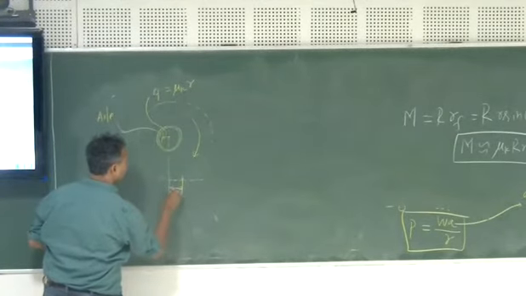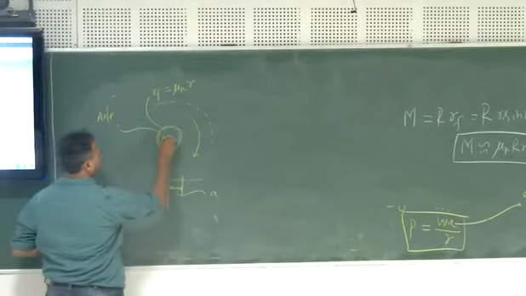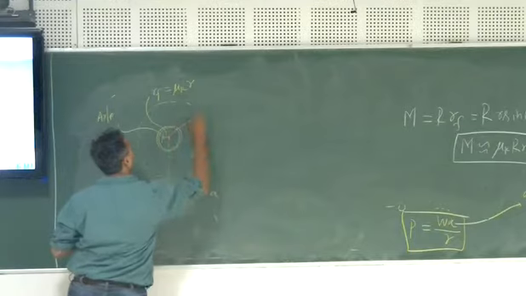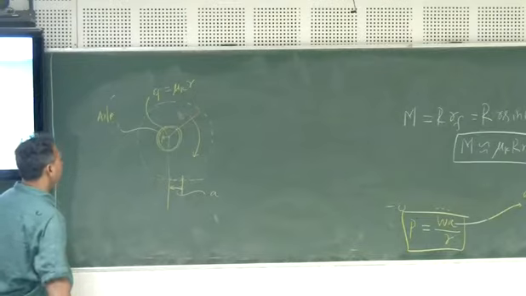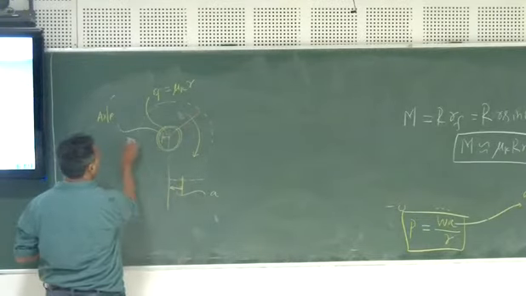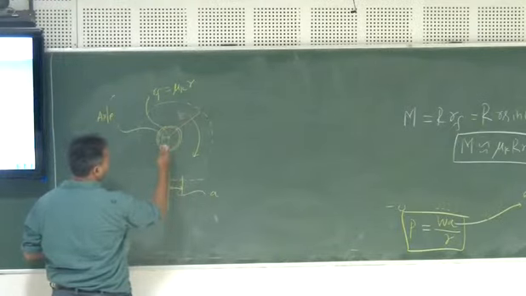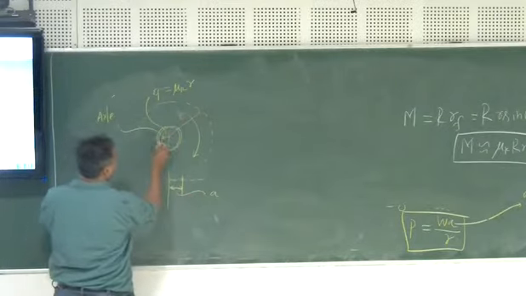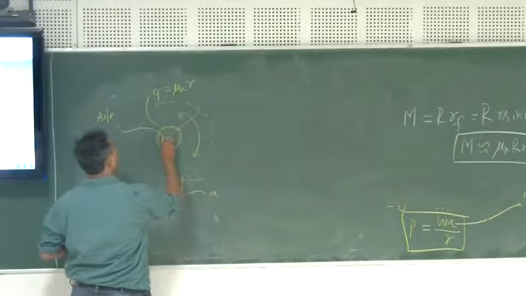Let us call this A. If the radius of your tire is B, then the radius of the tire is given as B. So in that case, you will have to find the force required to transmit these forces. Let's say the point of contact is over here.